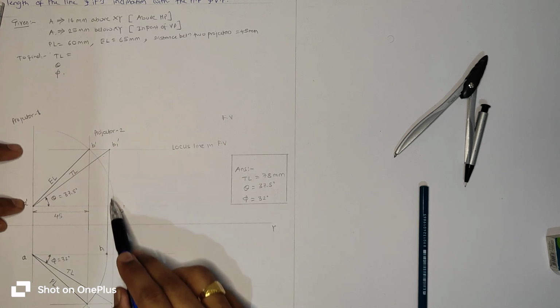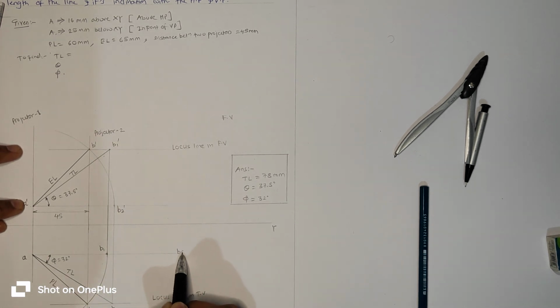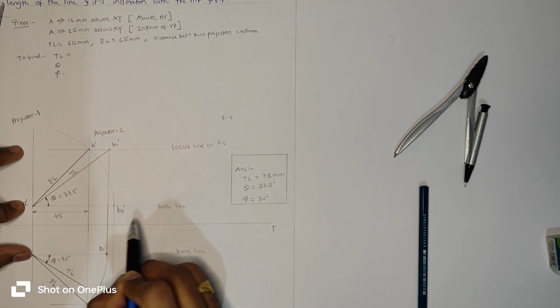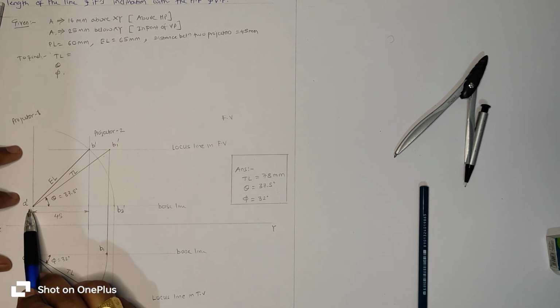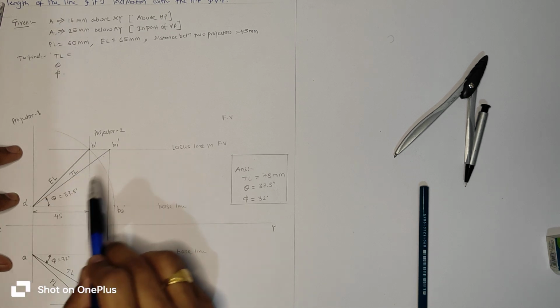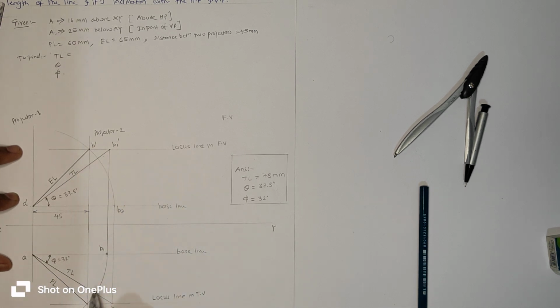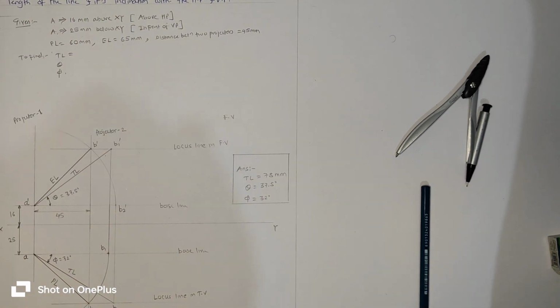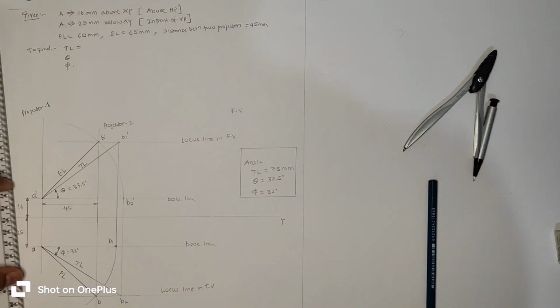The projection of B1 dash on the baseline in the opposite area is B1, and the projection of B2 on the baseline of the opposite area is B2 dash. Okay, so all letters in front view are with dash, and all letters in top view are without dash. This is how our presentation should look. This is a diagram with dimensions.